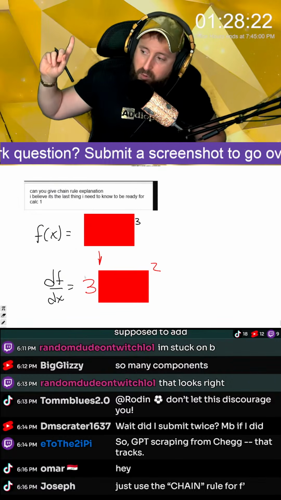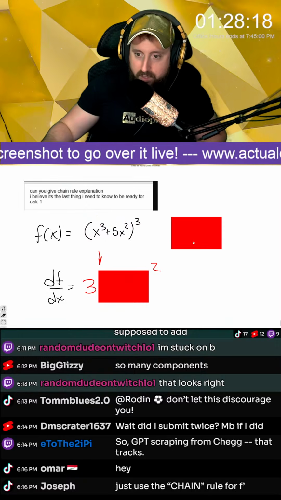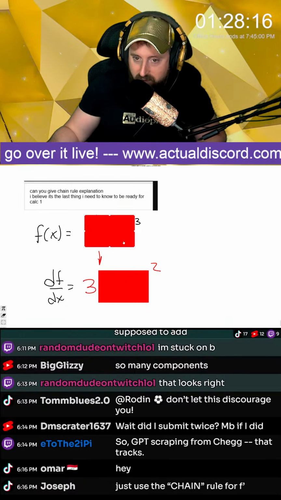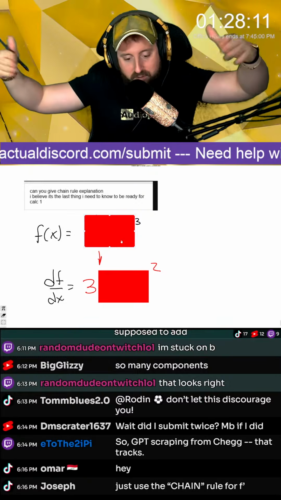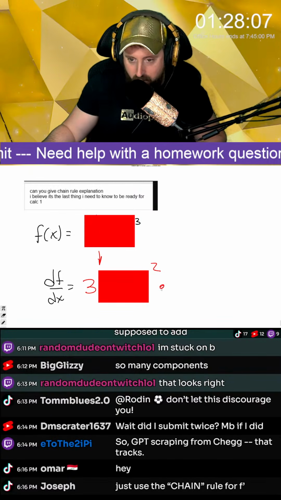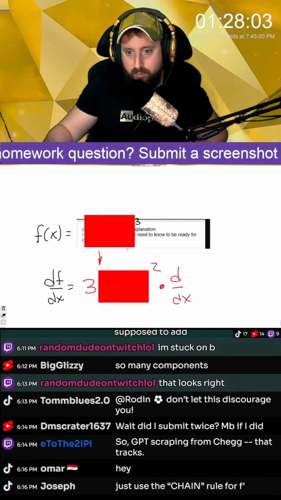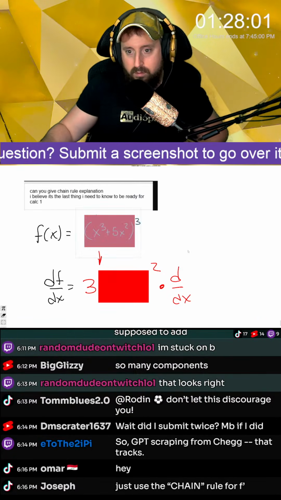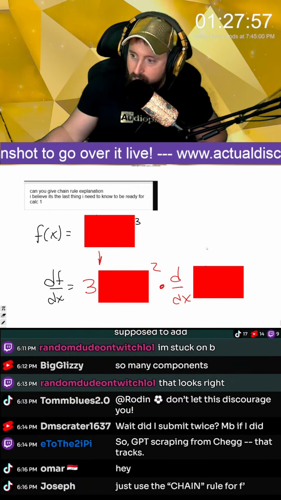However, everything comes with a price, and because we did this trick of, again, ignoring all of this and just calling it, like, big red box, like, taking the derivative of box to the third is 3 times box to the second, you then need to also do the derivative of whatever was in the box. Okay? So you also need to do this derivative. Okay?